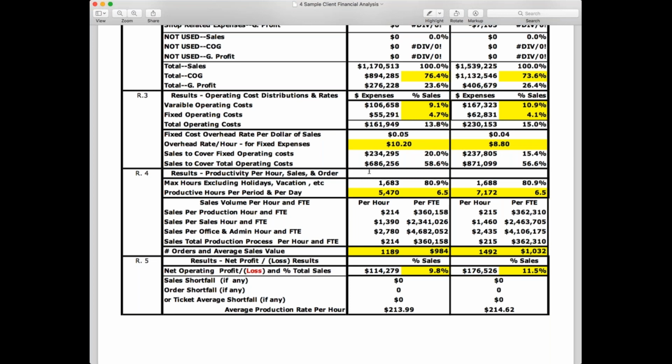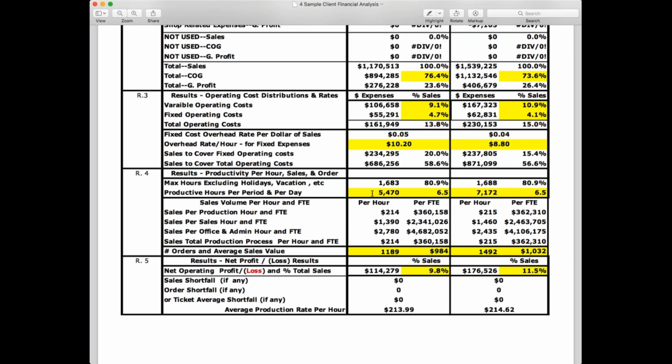The next section down in this R3 area, by the way, these R3, R4, R5, these are the 5 key measures that I alluded to when we first were starting. In this particular section, their overhead rate came down nicely, about $1.40 an hour.